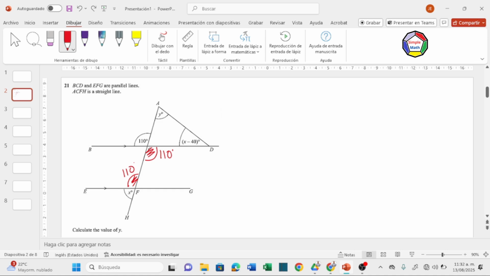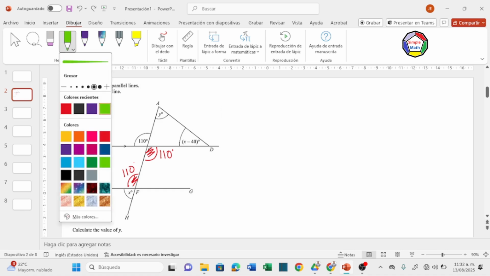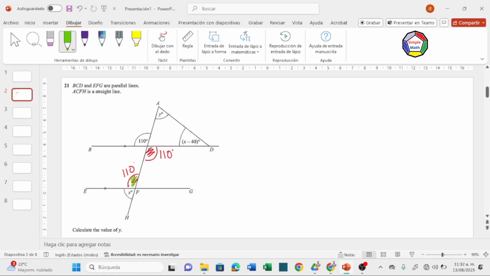So if this is 110, it means the angle X is supplementary with the angle 110. Supplementary means that when we add both, we get 180 degrees. How much is missing to 110 to get 180 degrees? 70 degrees. So the measurement of X is 70 degrees. Okay, 70 degrees.